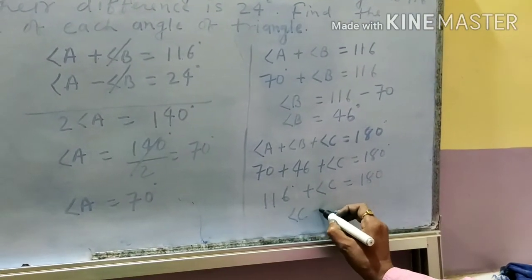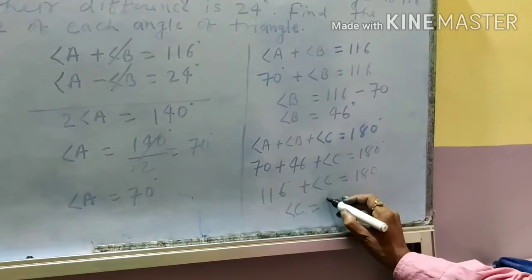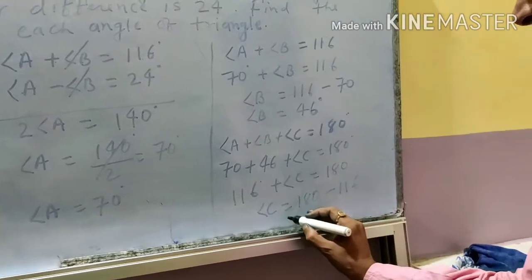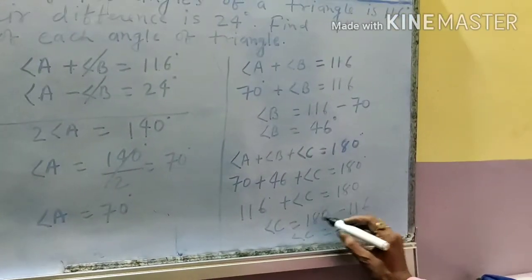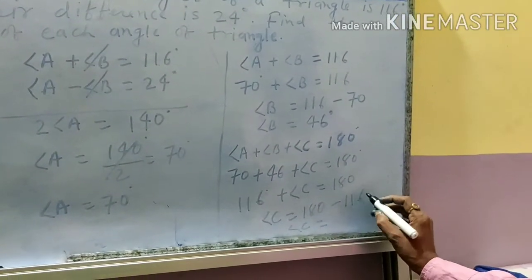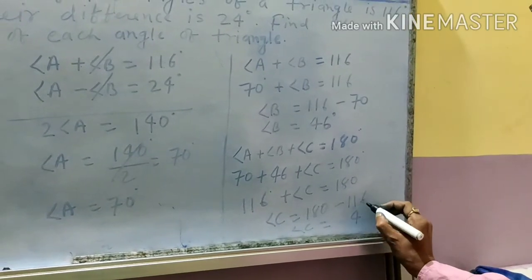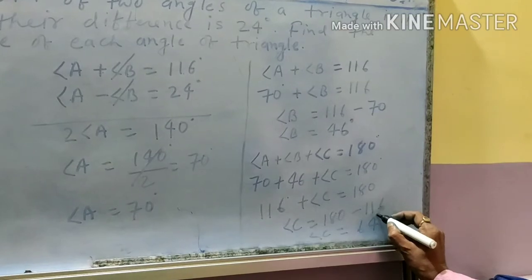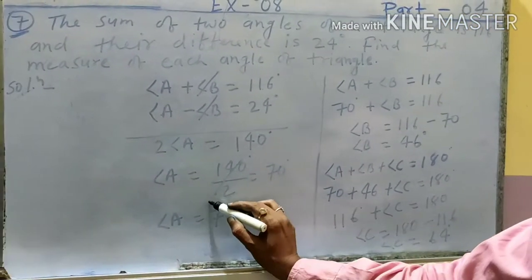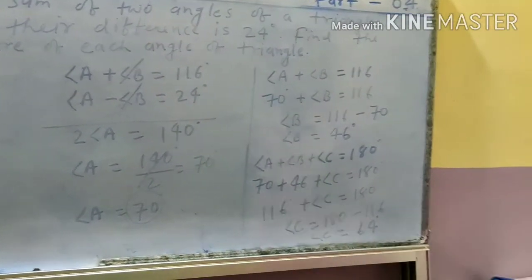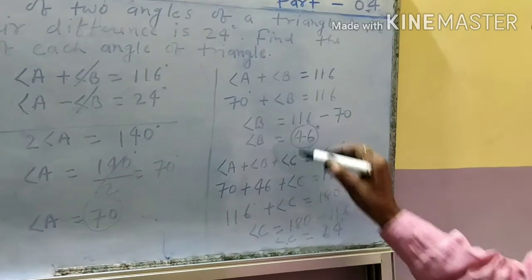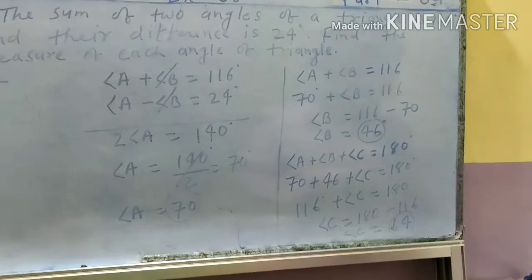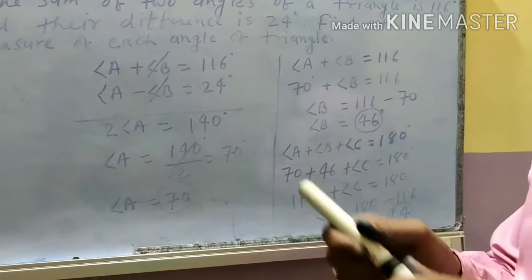So angle C is equal to 180 minus 116. So angle C is equal to 64 degree. So here, student, we have 3 values: angle A 70 degree, angle B 46 degree and angle C is 64 degree. Okay, student, I hope you will understand this question.